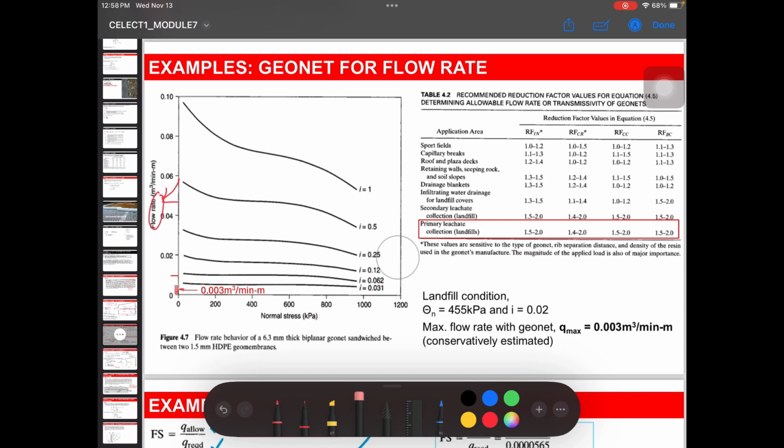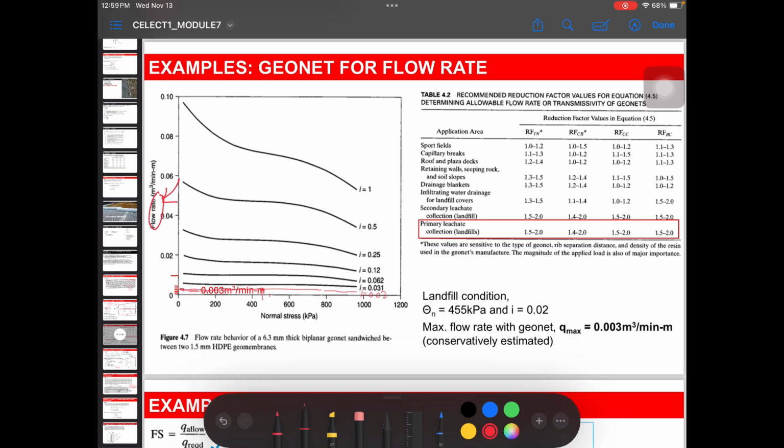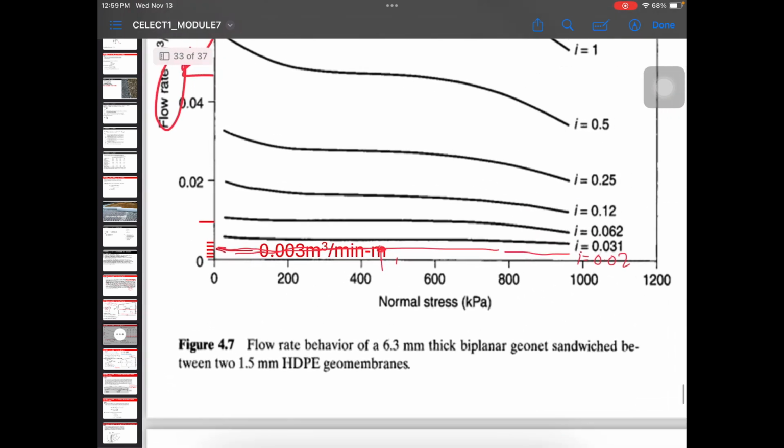So, estimate ulit tayo. So, it's 0.02 na gradient is somewhere dito sa baba. And then, yung pressure natin is 455. See, this is 500. So, nandito siya. And then, intersection, project tayo. So, kapag mag-estimate, you just have to be conservative.